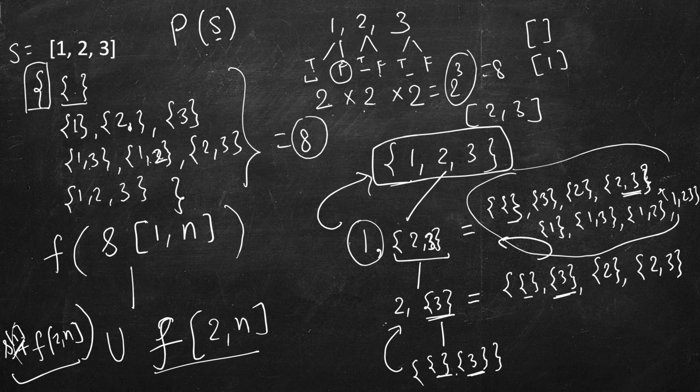The idea of iterative solution is very similar to this, and the same concept in fact. So what we will do here, we will initialize our result to consist of an empty set. So this is initialized, and we will iterate for all the elements of this given set. This may appear to be easier to you.